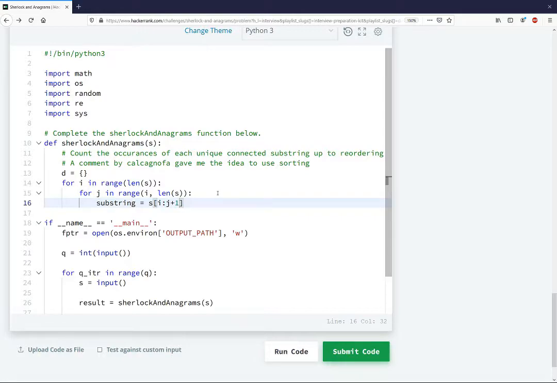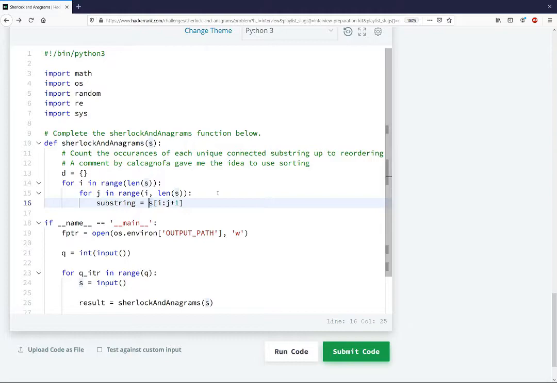So this is the substring that we're looking at, and looping through all the I's and J's in these for loops is going to give us all the different connected substrings. And so this is going to be the substring in question, but to store it in the dictionary, we want to order it.